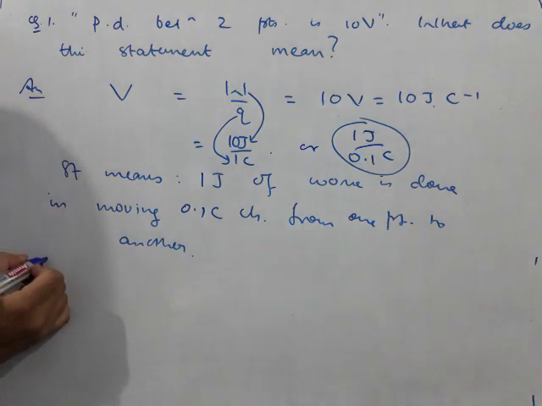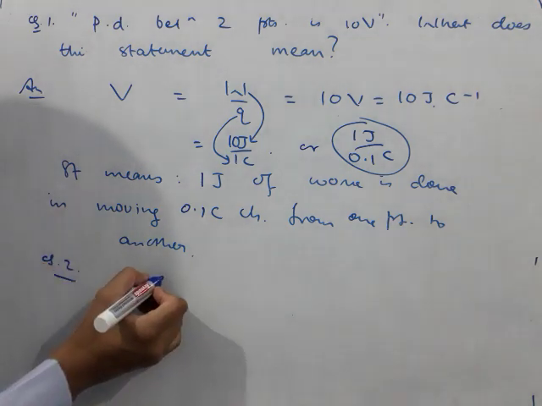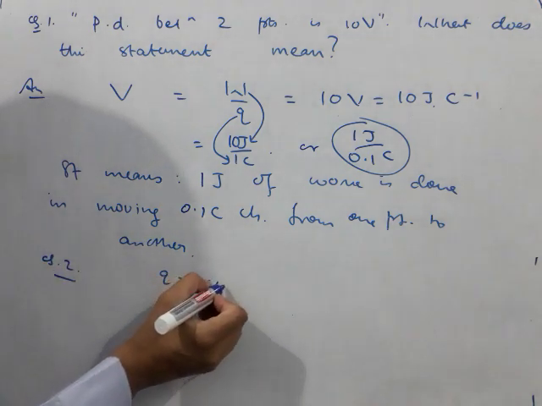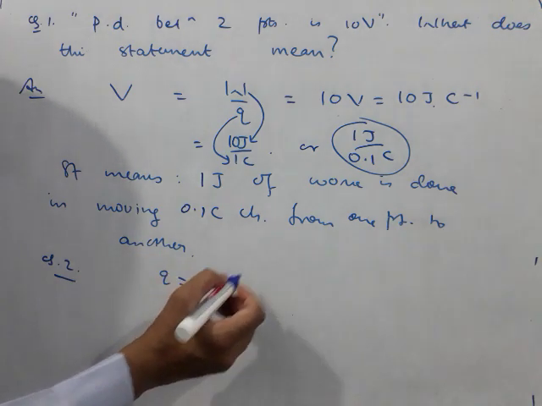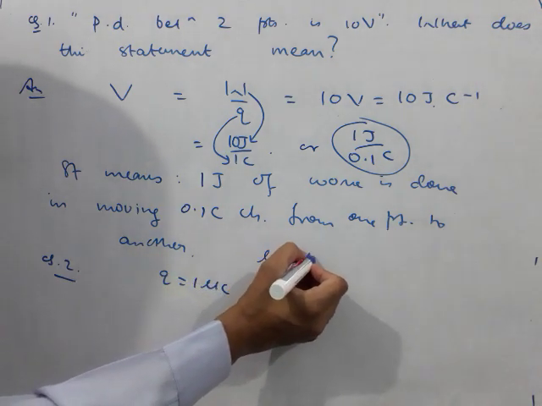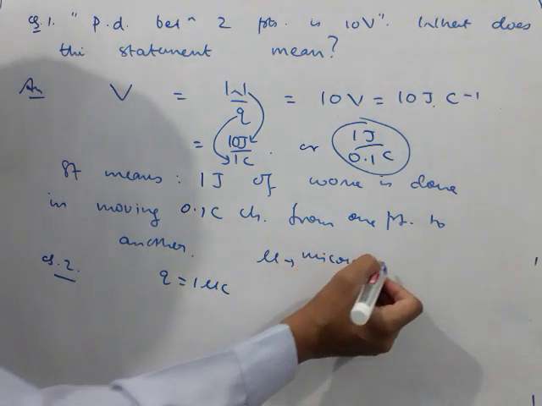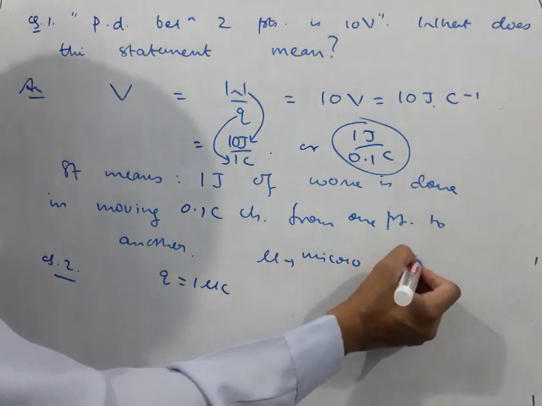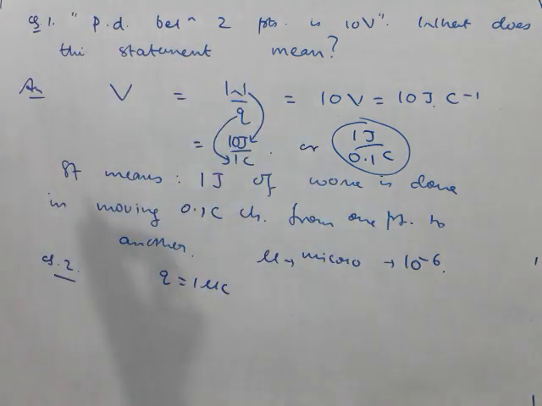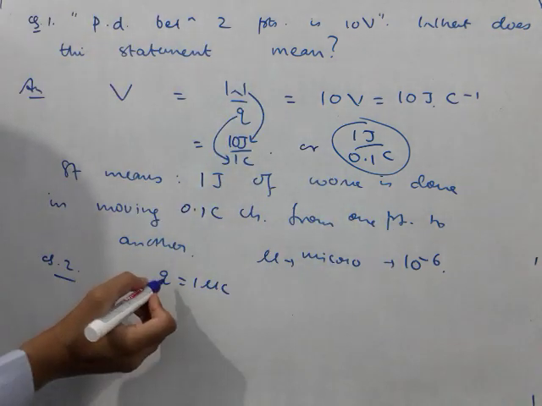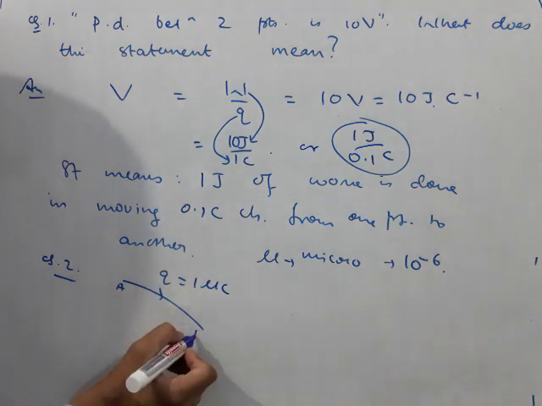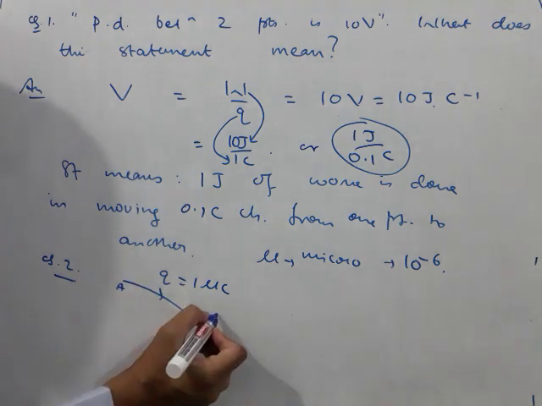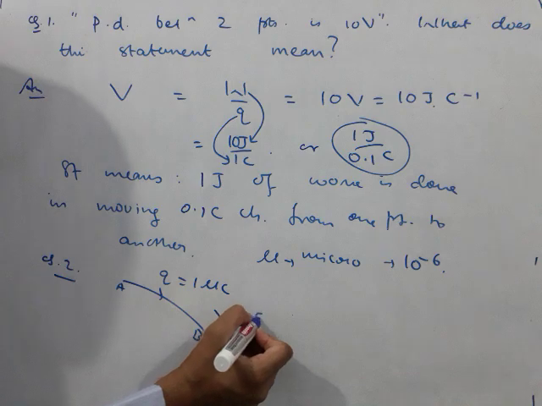Another question based on this. Suppose there is a charge of 1 microcoulomb. If you don't know this symbol, mu stands for micro, and micro means 10 to the power minus 6. I hope you know this. This charge is moved from point A to point B, between which the potential difference is given as 5 volt.